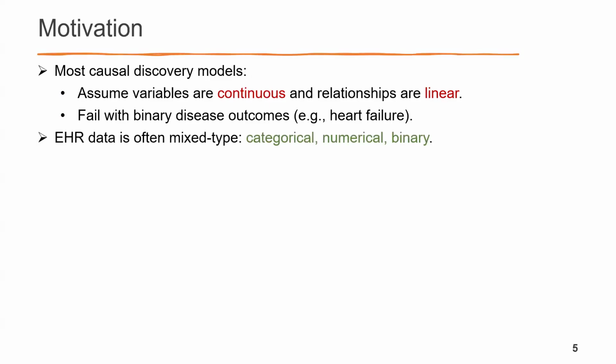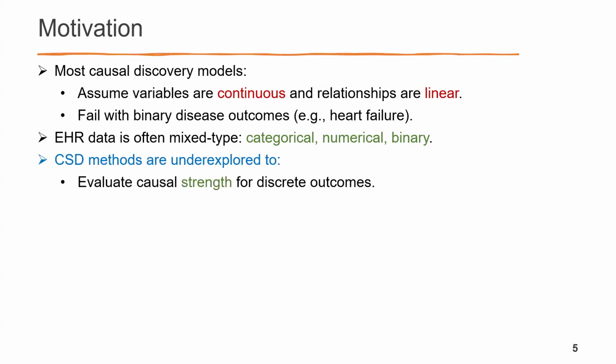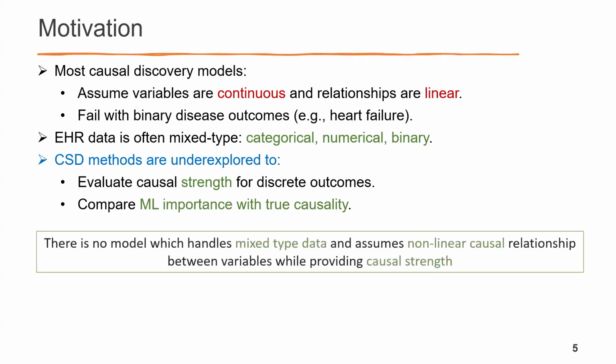However, in the real world, EHR data is often of mixed data types. It can have categorical, numerical, and binary data types at the same time. So CSD methods are unexplored for evaluating causal strengths for discrete outcomes, and for comparing machine learning importance with true causal relationships.